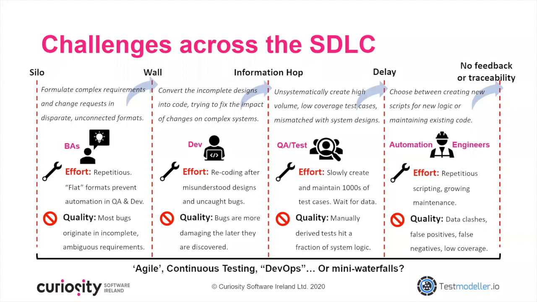The journey often starts with business analysts or product owners who start defining requirements or user stories of what we're going to build within our sprint or release cycle. And what you will find is that these user stories are basically large walls of text. Everything we do in software is very textual based.